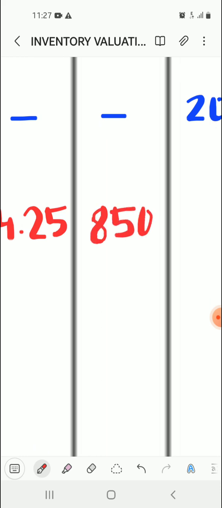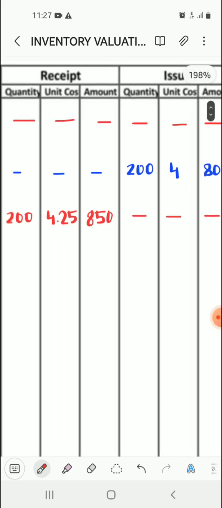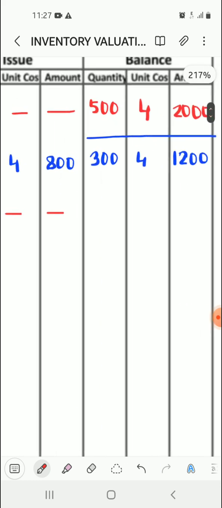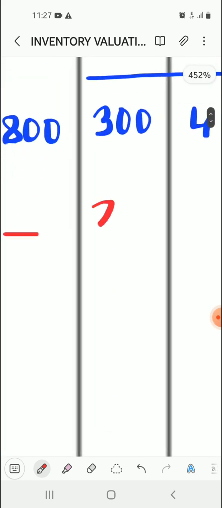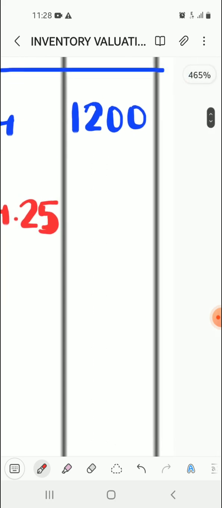There has been no issue on this date, so nothing to write over here. Right now my balance will be increased by 200 more units for 4.25 and the amount being 850 after multiplying.